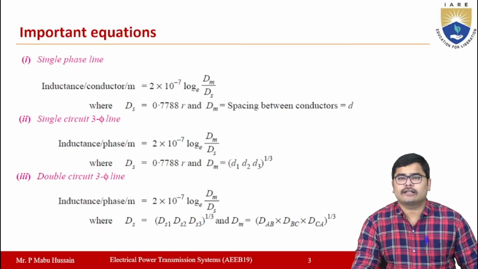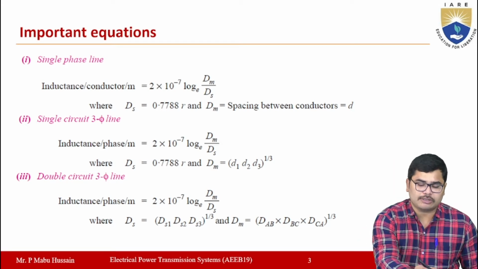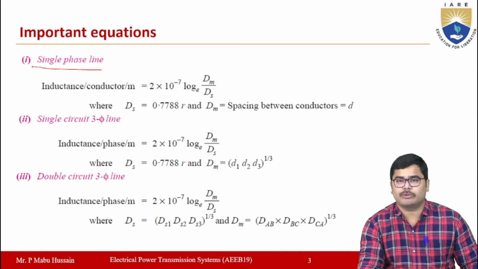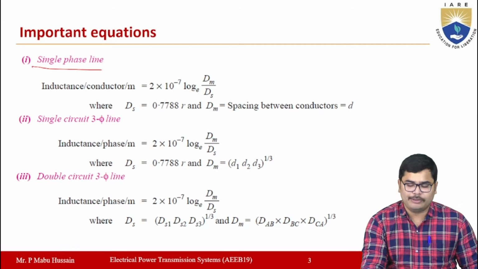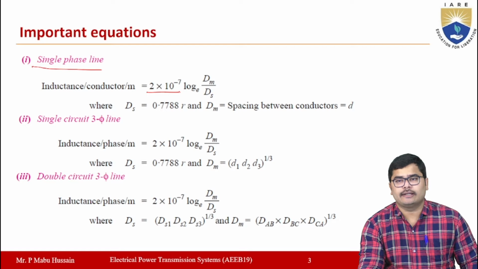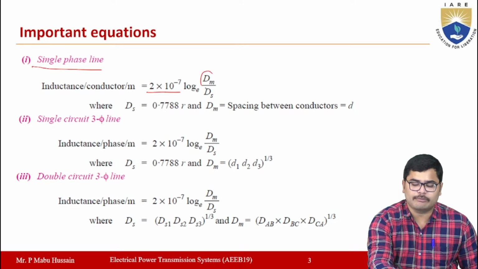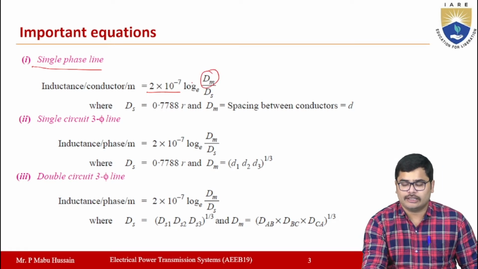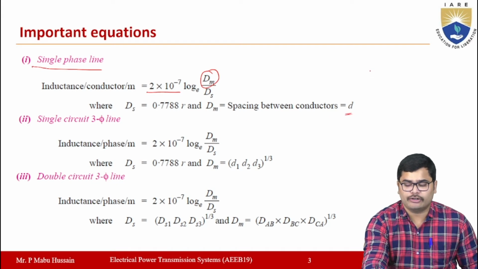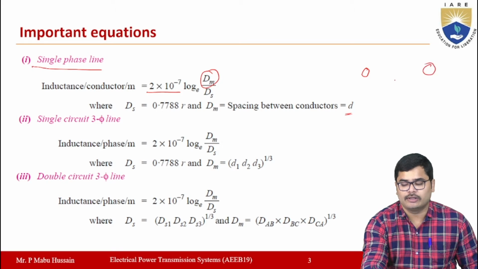To calculate the inductance of either single circuit or double circuit lines, we need to remember some important equations. If the transmission line is a single phase transmission line, the inductance per conductor per meter is calculated using the formula 2 × 10^-7 ln(Dm/Ds). Dm is the mutual GMD, which is the distance d between the two conductors from center to center.